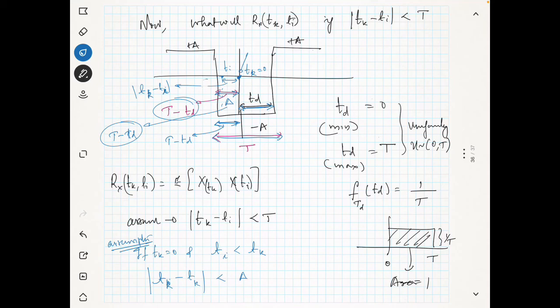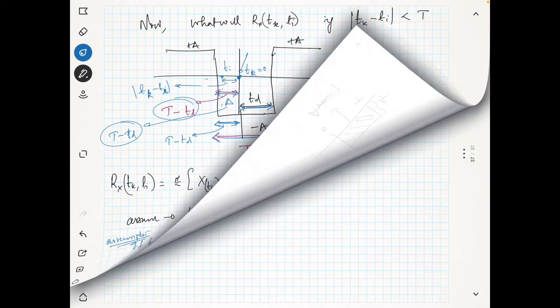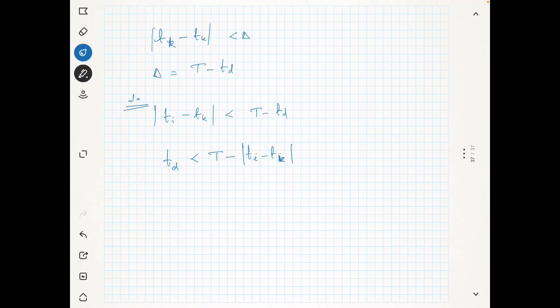So here also I can write Tk minus Ti. Now this can be written as Tk minus Ti, and we are considering Ti as the small value and Tk as the higher value.